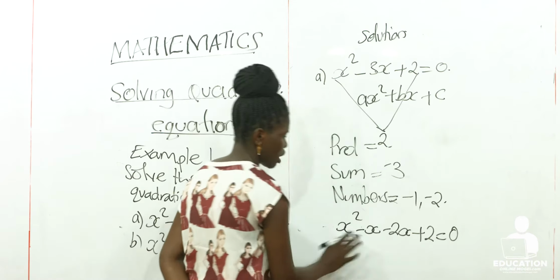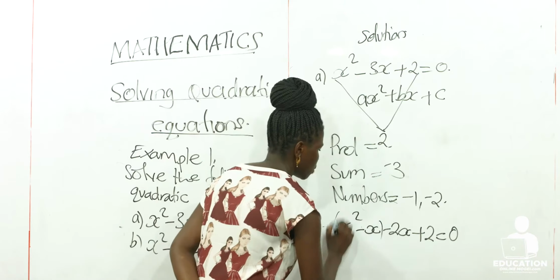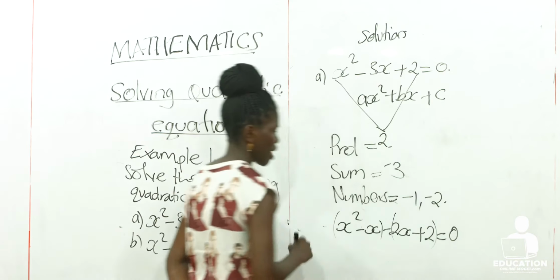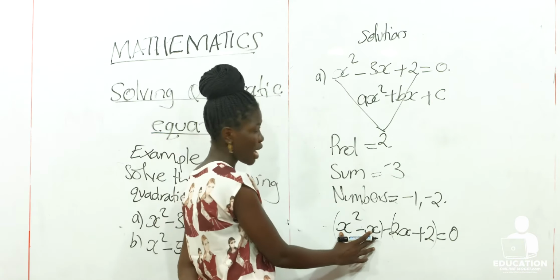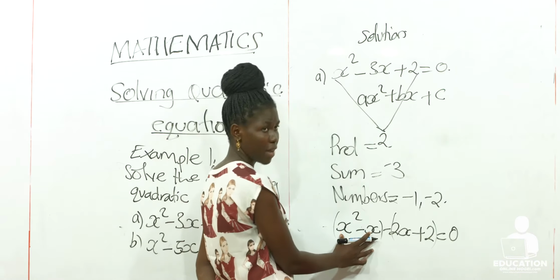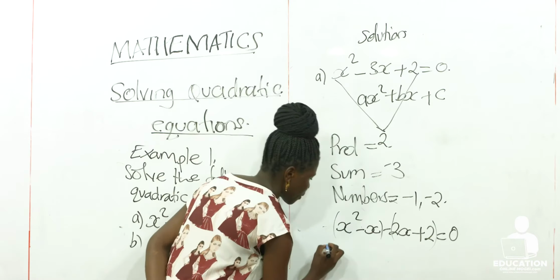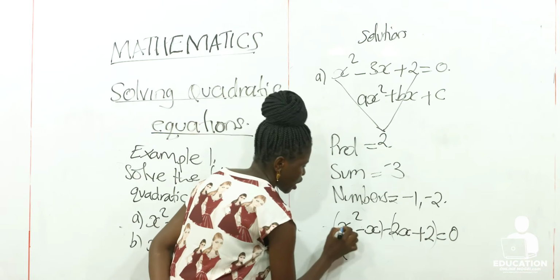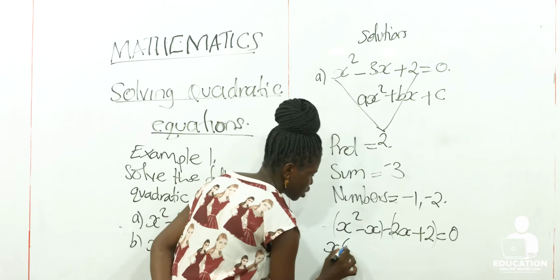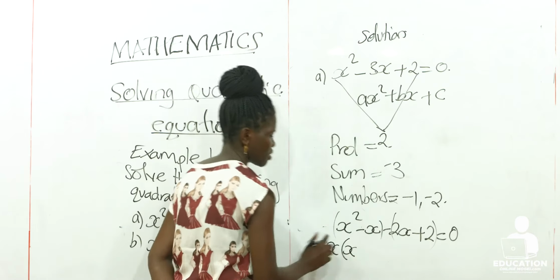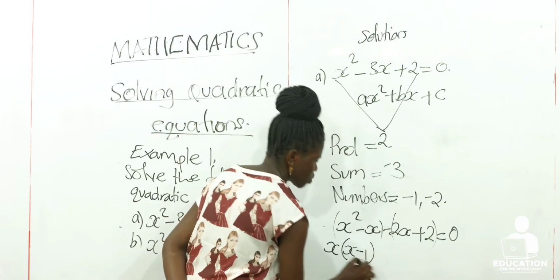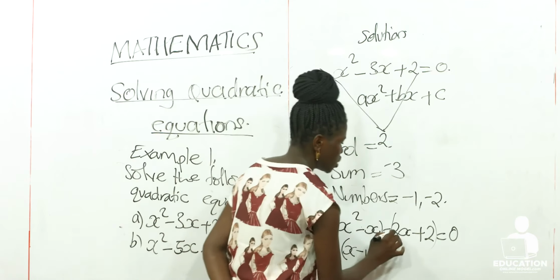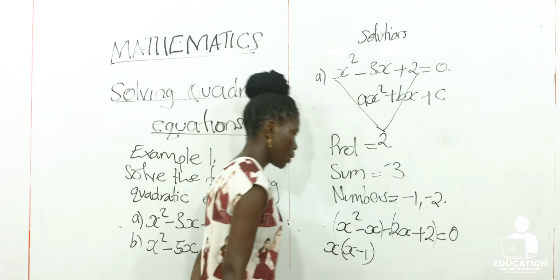After this, we are now going to group this and also group that. When you look at the first here, our common factor in both is x. So we are going to factor x out, and x squared divided by x will give you x. Negative x divided by x will give you minus 1. Don't forget the sign. In the second case, we have 2 being the common factor.